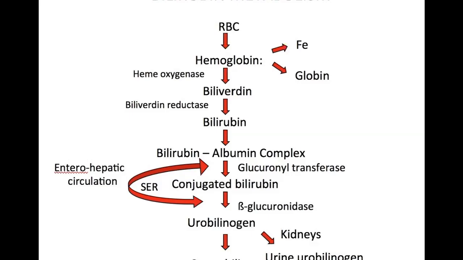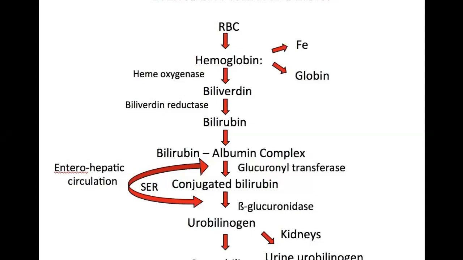Now, this bilirubin-albumin complex will undergo further metabolism by the action of the enzyme glucuronyl transferase, thus conjugating bilirubin. Now, please don't forget this binding of bilirubin and albumin, this complex, goes through the enterohepatic circulation, and don't forget the liver is the site for your conjugation.